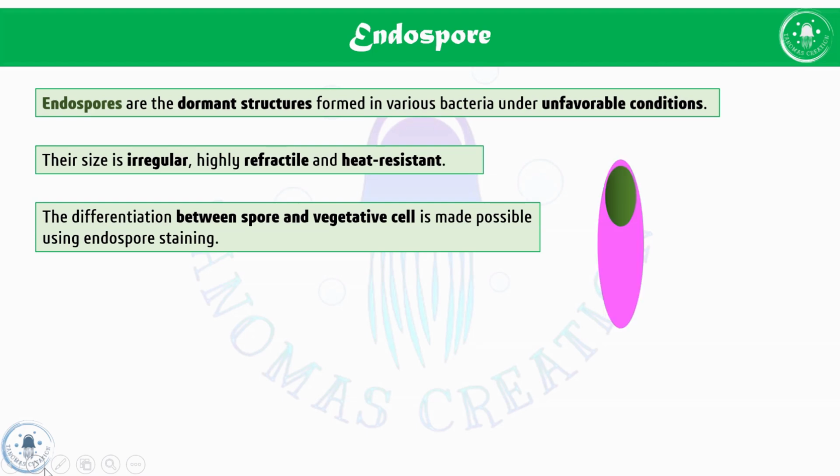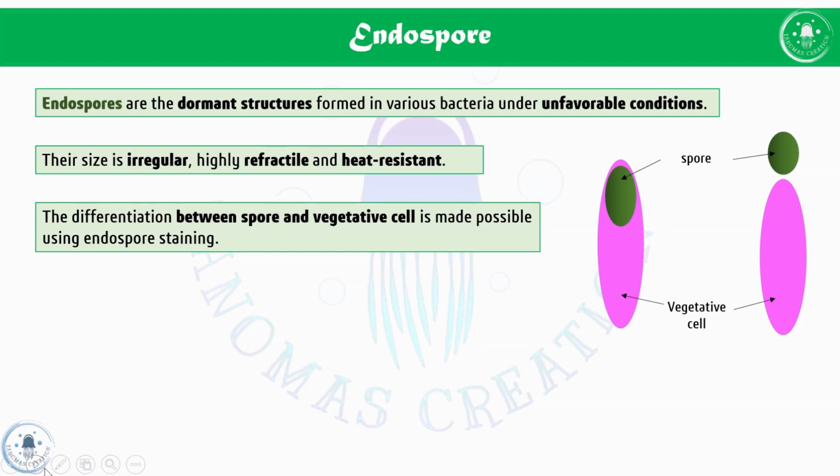If you see this picture over here, you can see that this is a cell, and the cell has a spore inside it. This is also one type of cell, and it has a spore outside it. The green portions are the spores and the pink portions are the vegetative cells.